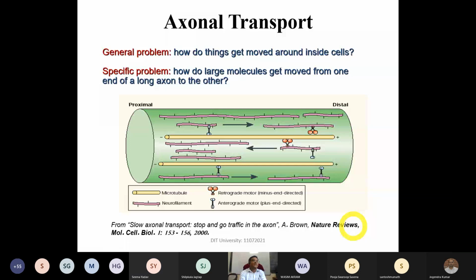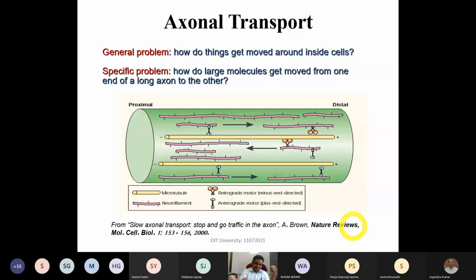A very simple example: if I ask you how do things get moved around inside cells? It will be very difficult for a simple scientist if they are not using mathematical modeling, because it needs a lot of hard work to do the experiment and to get each of these things, right?